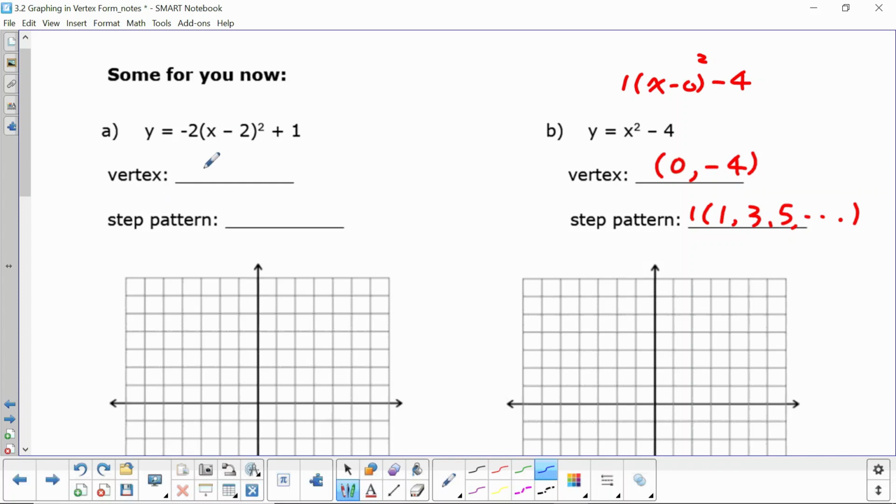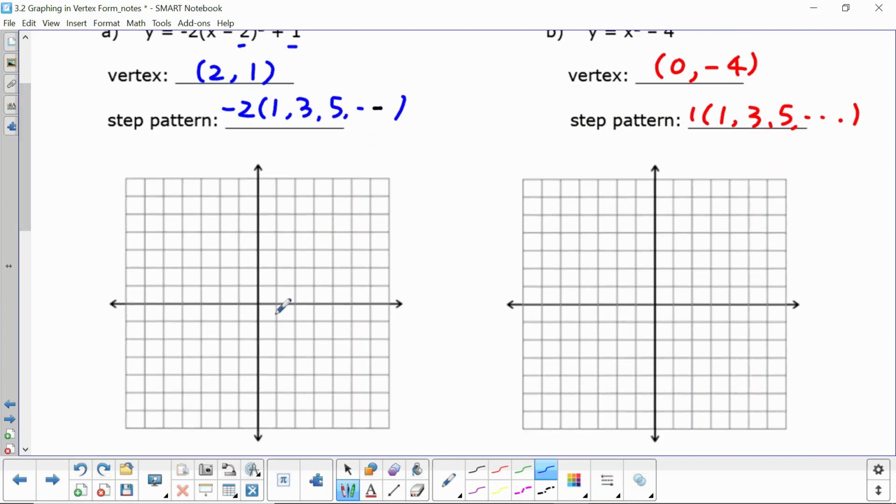Okay, so for this one, check your answer. (p, q) is (2, 1), and the step pattern is -2 times 1, 3, 5. We are going to start with (2, 1), so we go by 1. (2, 1) is here.